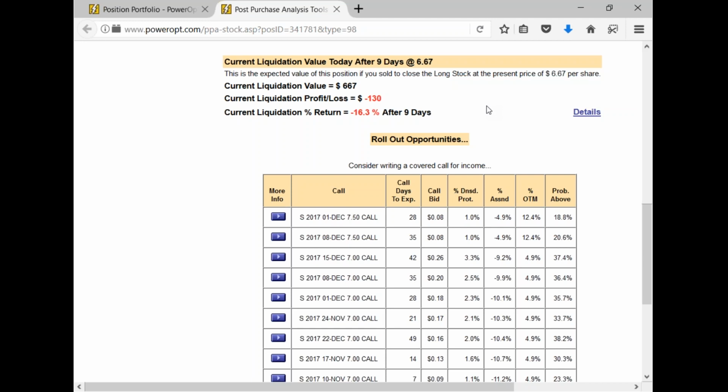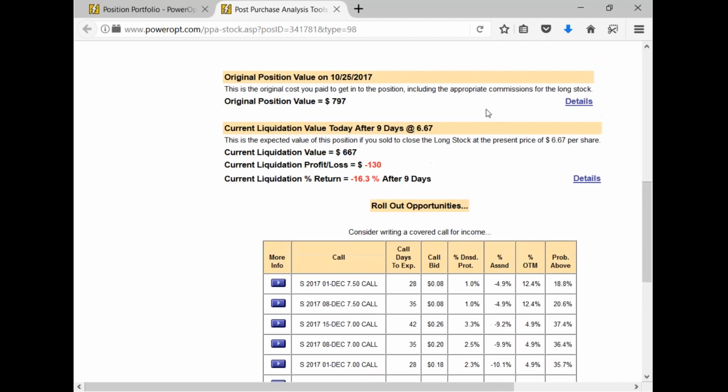But at the same time, if I get 17 cents of premium and I'm able to sell the just out of the money option 30 or 32 days out, we know that it's going to take us about 9 to 10 months to generate the 130 that we're currently down.